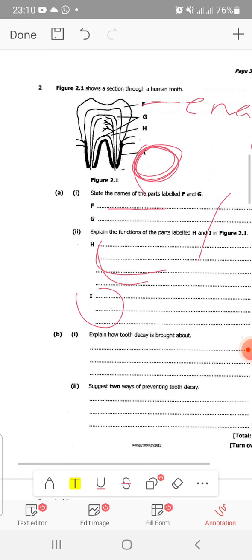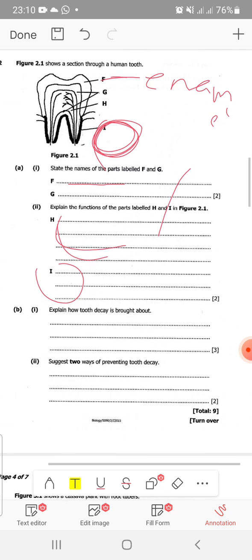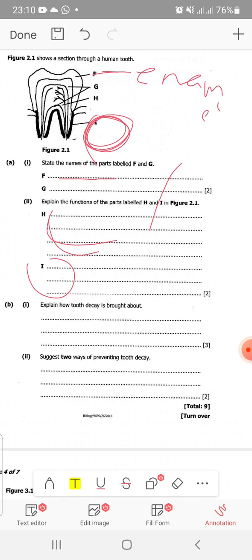Then we look at question B. Explain how tooth decay is brought about. Okay, first of all, tooth decay is the damage done to the tooth enamel. So the destruction of the tooth enamel is called tooth decay.